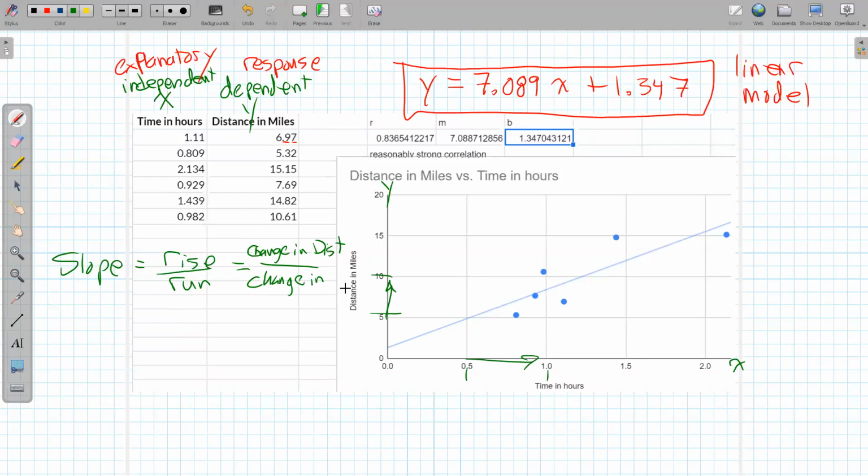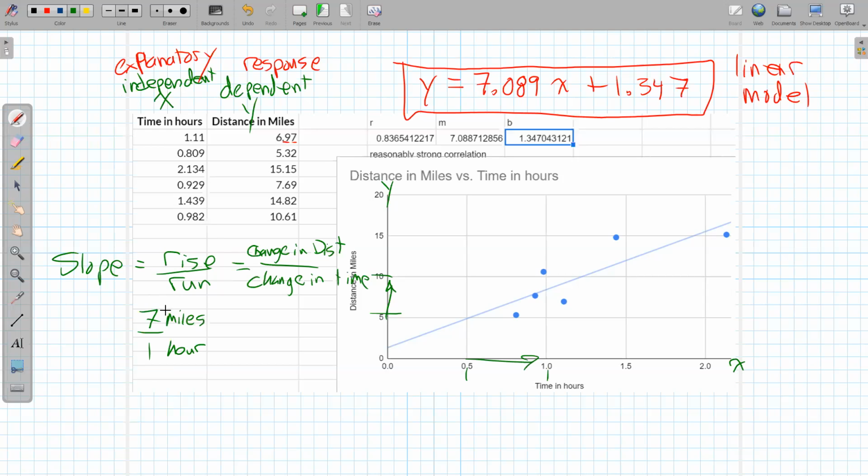Change in time. And I have about 7, so I'm just going to round that to 7. My slope is 7. I need a rise and a run, so I'd have to write 7 over 1. Well, 7 what? Well, it's a change in distance. Distance is miles, so that'd be 7 miles. And time, 1 what? Well, 1 hour.